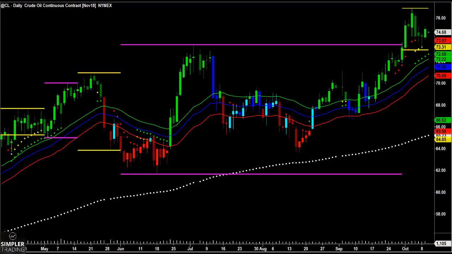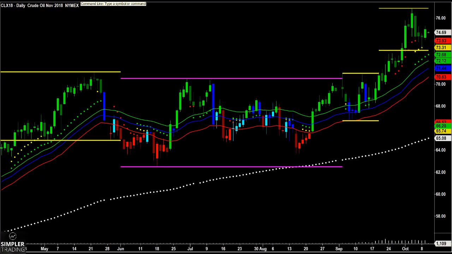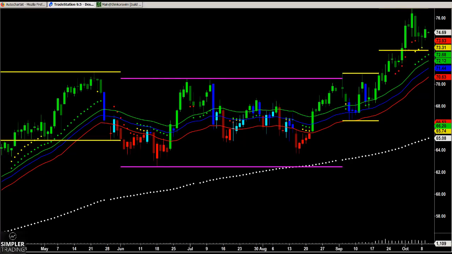As of really yesterday, we are inside the 2-week window before we roll into the December contract, because CLZ, the December contract, is soon technically the front month in terms of open interest. When we are 1 week out from the CLX November contract expiring, you're going to see increasing open interest in the Z, the December contract. So keep that in mind.